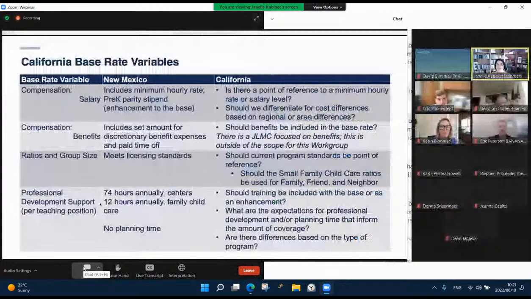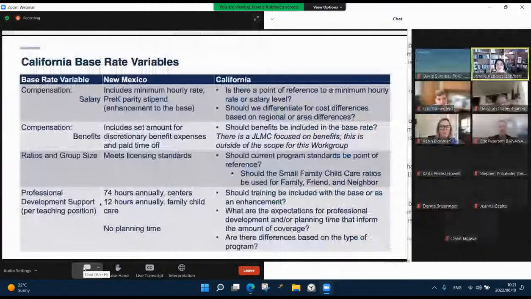We'd have to make some decisions about how you benchmark that, looking at a single person, no kids, a person with one kid, and those sorts of things. But a living wage at the state level is the floor across the state, with some adjustment if the living wage is higher in a particular region, but not to go below that. So that's one way we can look at this.